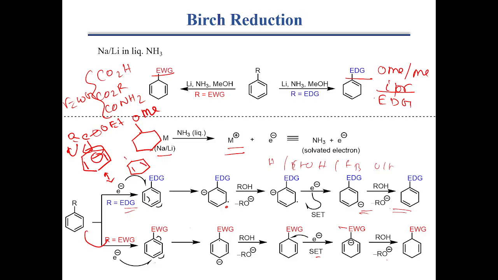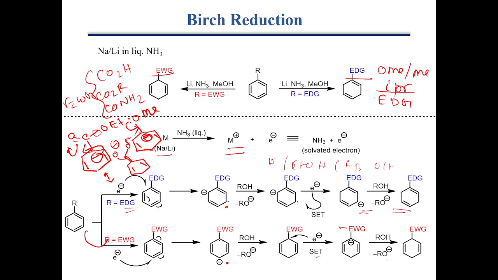So this negative charge is stabilized for the electron withdrawing group. That's why the single electron transfer happens to the para position for any electron withdrawing group. But if it is an electron donating group and the attack happens from the para position, the negative charge will come here, but it is destabilized due to the electron donating effect of this methoxy group.